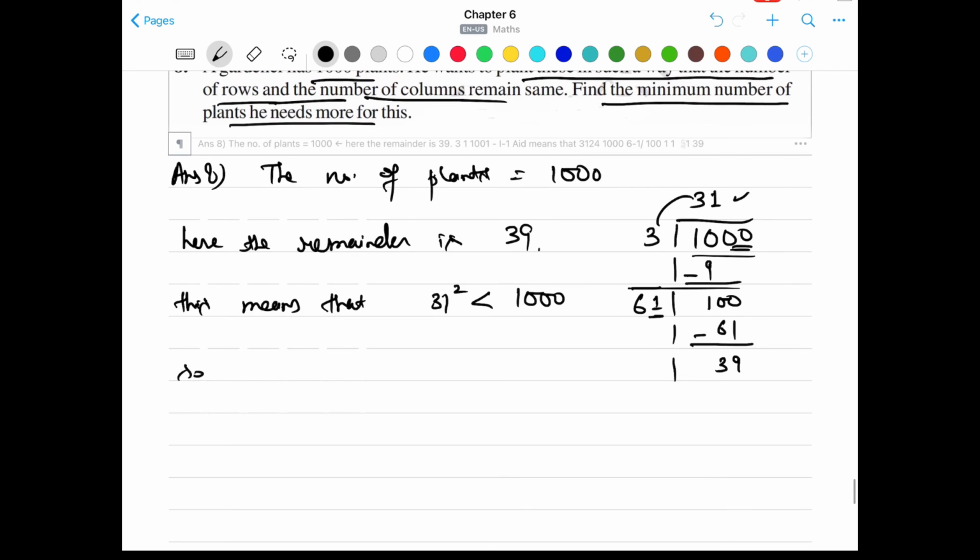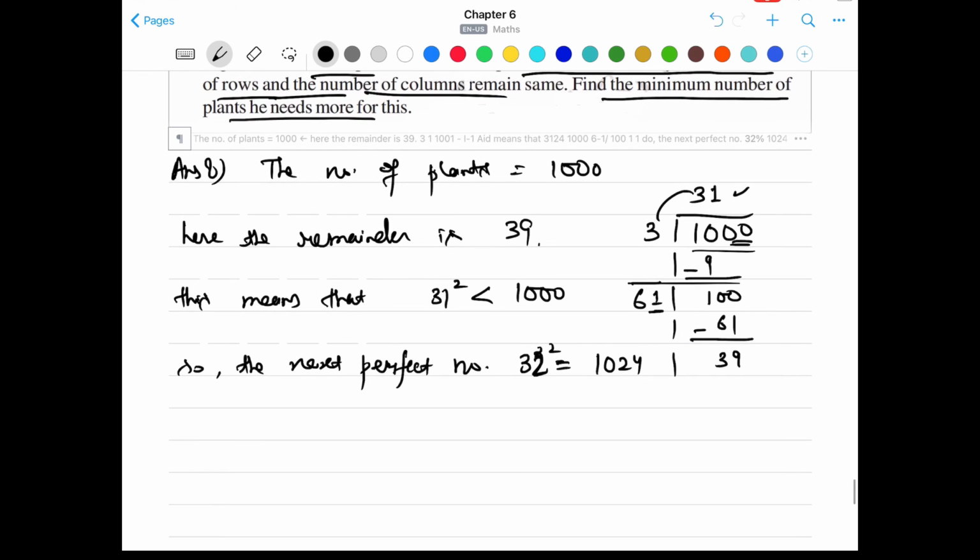So the next perfect square number will be the square of the next number, which is 32. The square of 32 is 1024, and the number of plants he has is 1000.